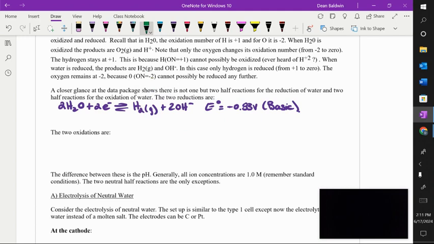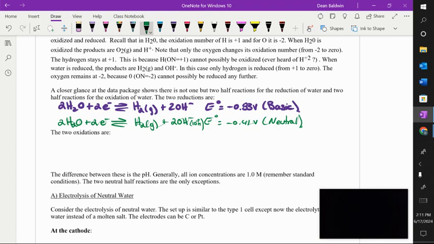And then there is the same reaction, except you should write 10 to the minus 7 molar, under neutral conditions.